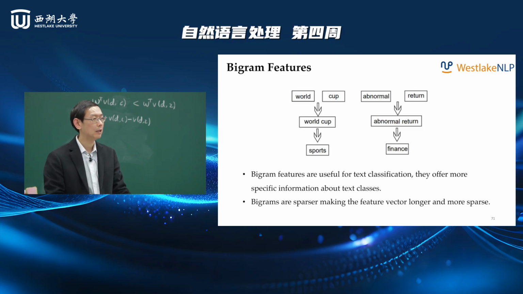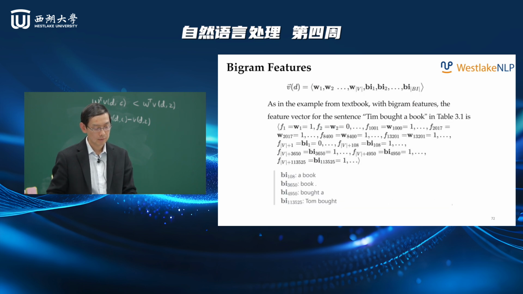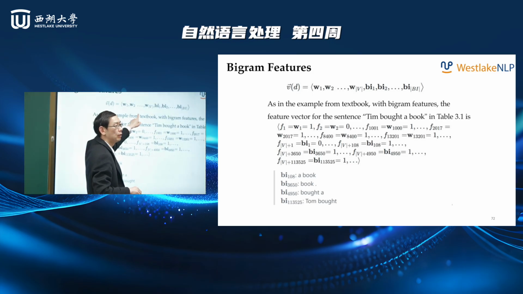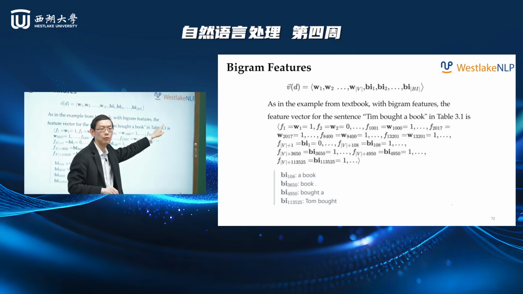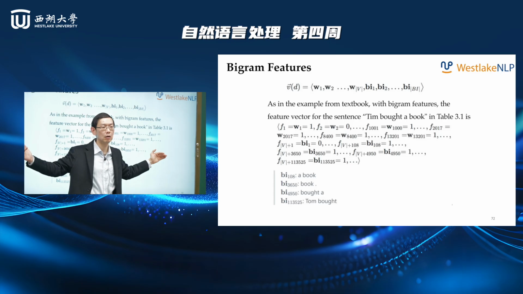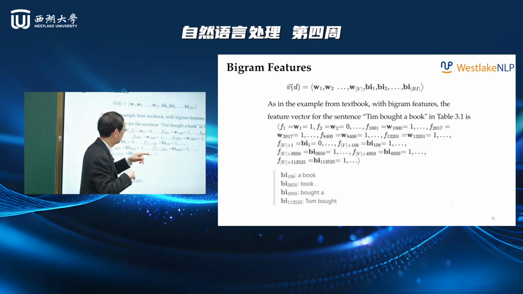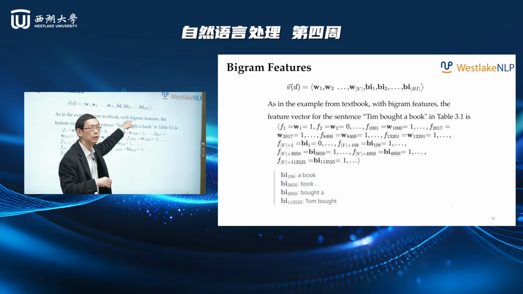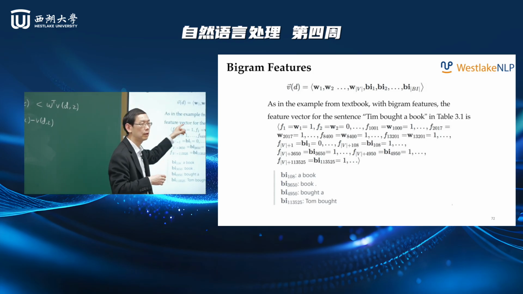All right, so how do you add bigram features? It's easy. You just extend your representation vector to be longer. You attach all possible bigrams to the end of your vector. Your vector is much longer. And then given a document, you just count which bigrams are in my document and fill the elements in the vector, just like you fill the word elements.